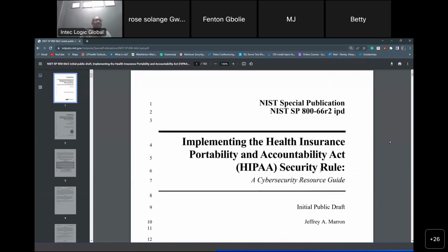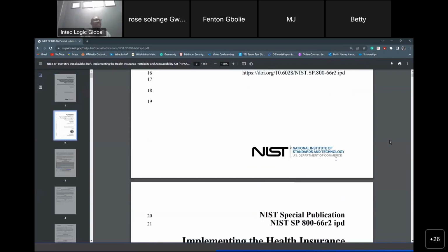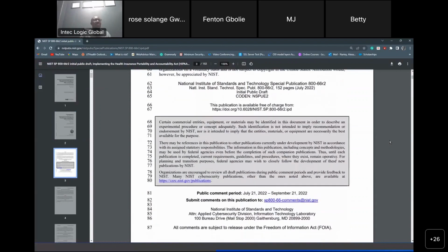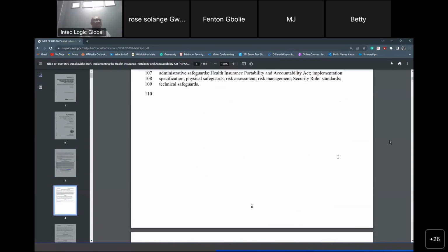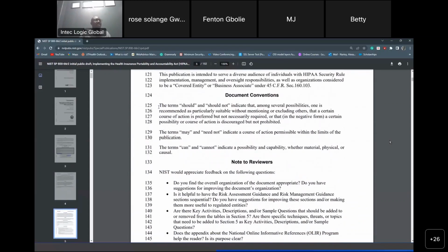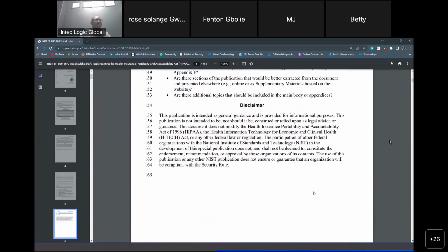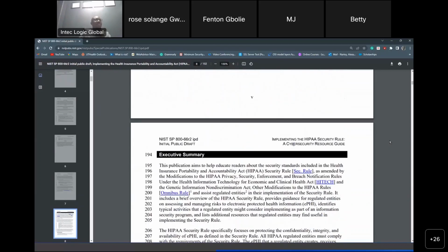This is a very good document. You can take a look at it. All that we've covered today is in here, and here they even number it. I don't know why they did numbering by the side, but I think it's for easy review. I don't expect you to read it all.